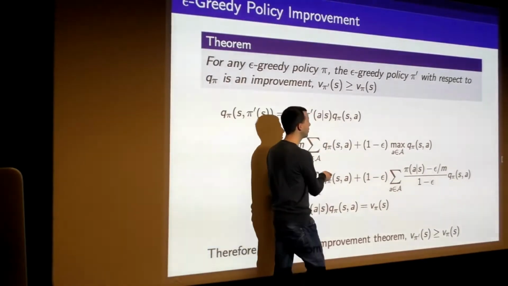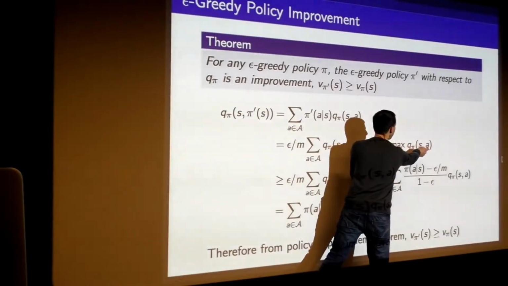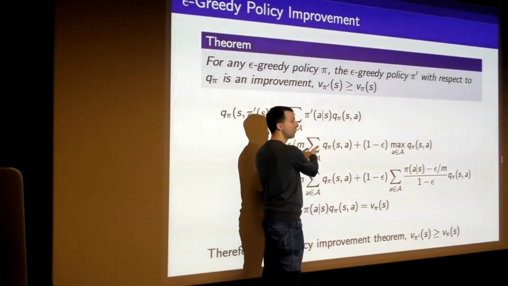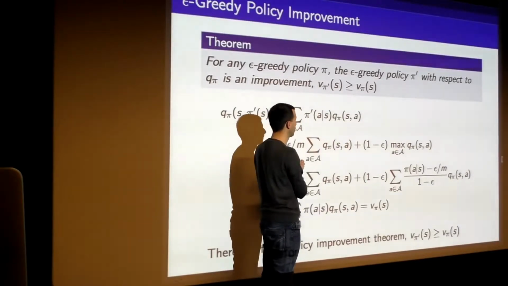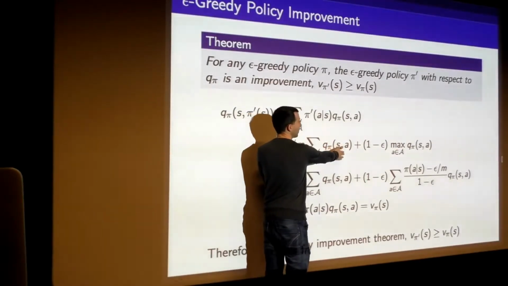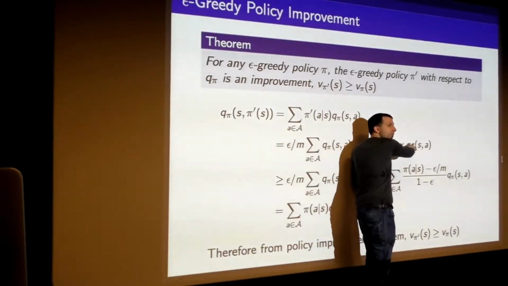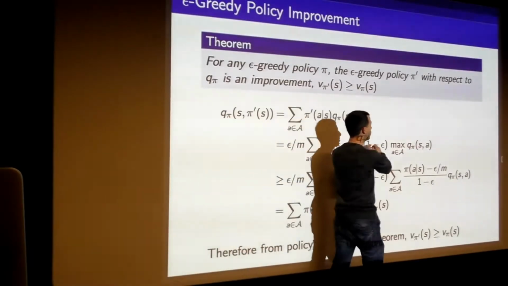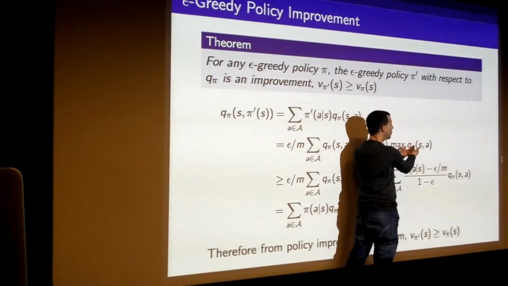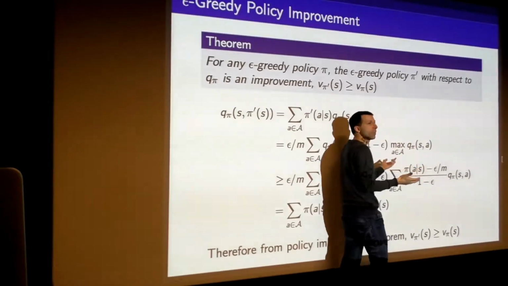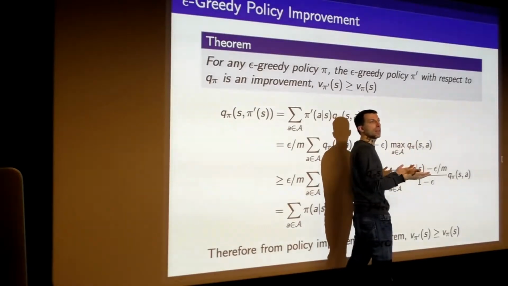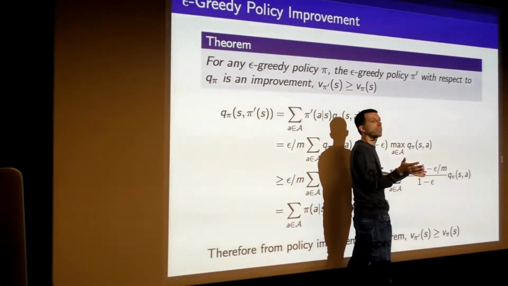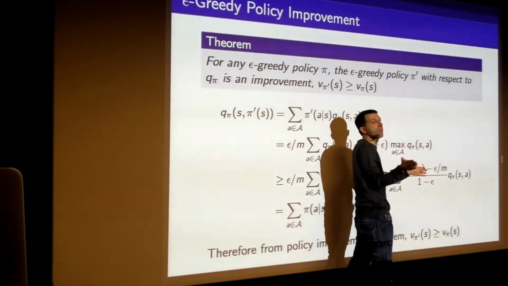And we can split that into the probability of taking the greedy action plus the probability of taking every other action. So this is what happens if you choose to explore, and this is what happens if you choose to act greedily. And now what we can say is that if you act greedily, if you choose the max of all your Q values, that has to be at least as good as any weighted sum of your Q values. The max is better than any weighted sum of your actions.